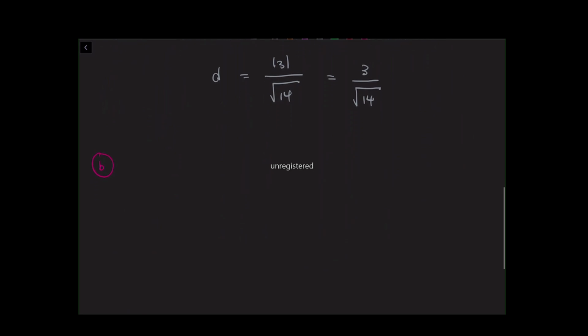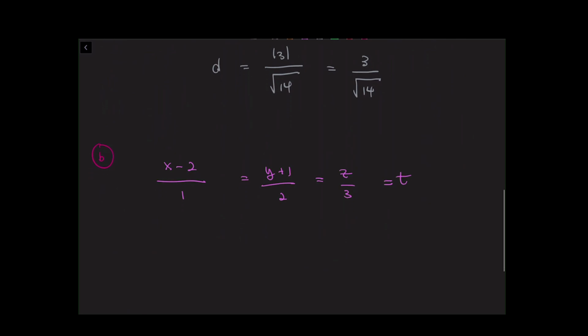In order to do so, let's take the symmetric equation that we are given, which is x minus 2 all over 1 is equal to y plus 1 all over 2, which is equal to z over 3. I'm going to introduce the parameter t. It doesn't need to be t, it could be anything that you want. It could be lambda, it could be mu, it could be sigma, it doesn't matter. Let's rewrite.